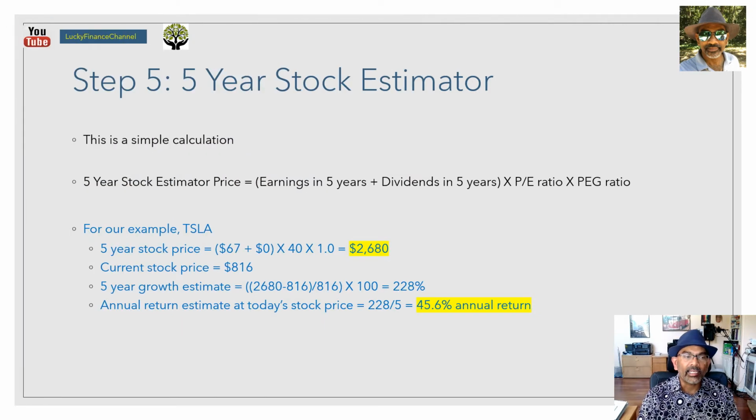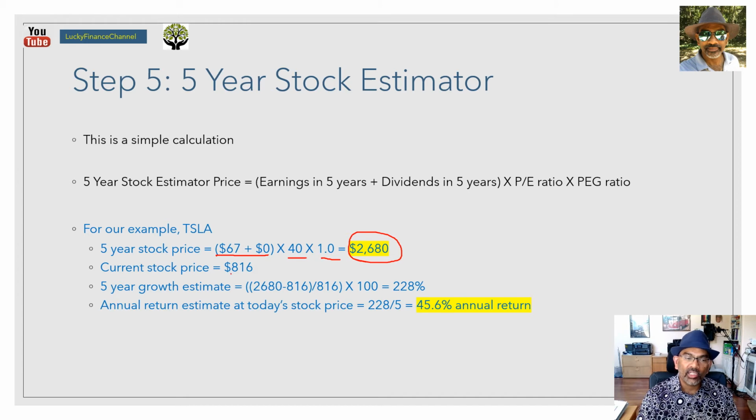So based on that, the way we estimate Tesla's 5-year stock price is we take the total earnings plus dividends, so $67 plus $0 of dividends. We multiply that by the PE ratio of 40 and the PEG ratio of 1.0, and we get a share price of $2,680.